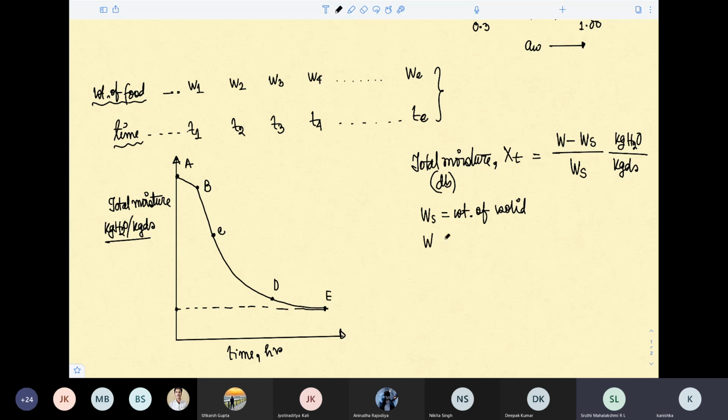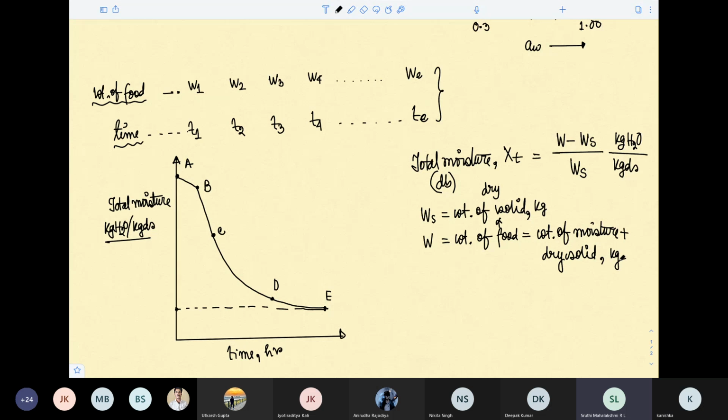So W is the weight of food, that means weight of moisture plus weight of dry solid, let's say in kg.